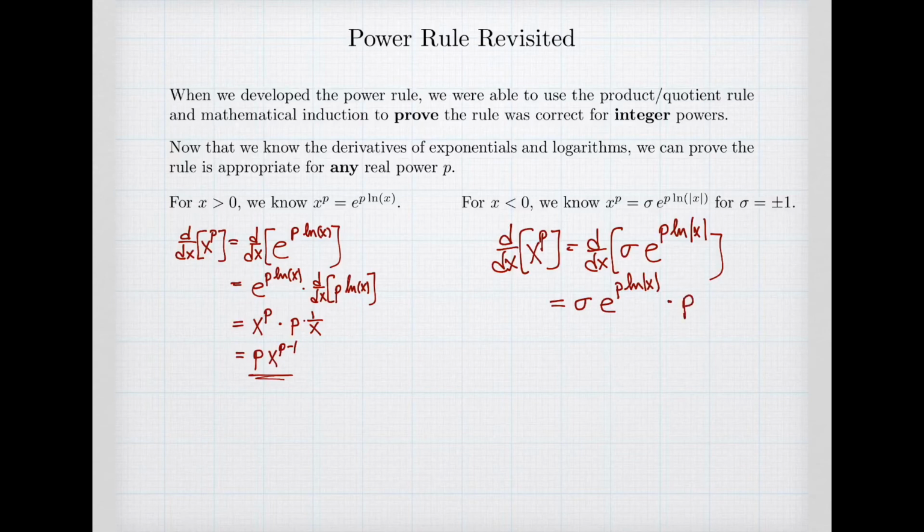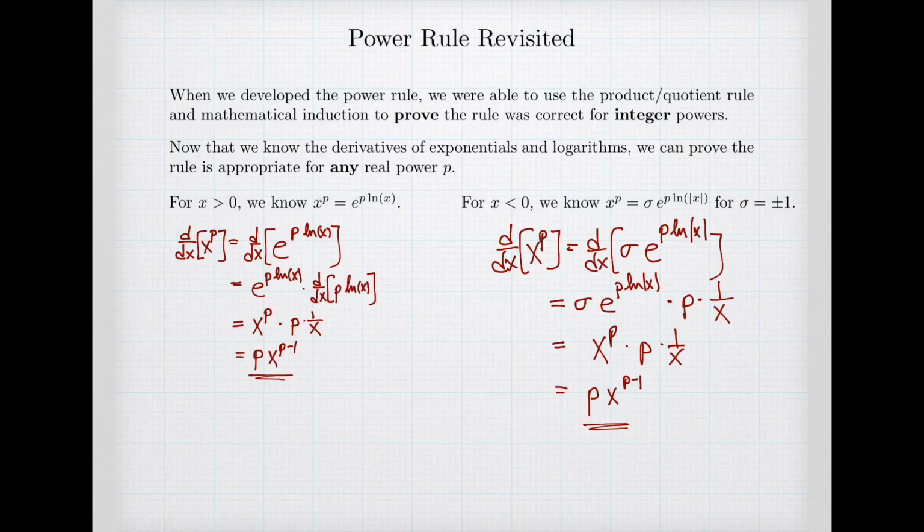So that's p, and we just learned the logarithm's derivative, even with an absolute value, is 1 over x. The constant times e to the p ln x, that's just a really funny way of writing x to the p, times p times 1 over x, and notice we're back where we wanted to be. I get p times x to the p minus 1.